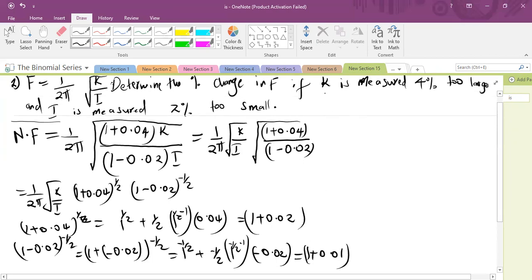Now coming back to my new F, which is equal to 1 over 2 pi, the square root of K over I, and then I have these two values here, this one and this one. So I'll just multiply them straight away, neglecting products of small terms.